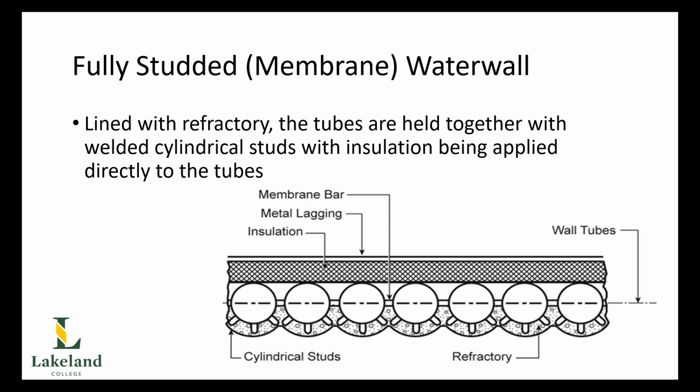Fully studded water walls can also be membrane walls as well, meaning they are gas tight. These ones are a little bit different though. We can see here in this example that this membrane water wall has studs or pins on the actual tubes. And we saw this in a refuse style boiler for mass burning or RDF burning back in chapter 2.